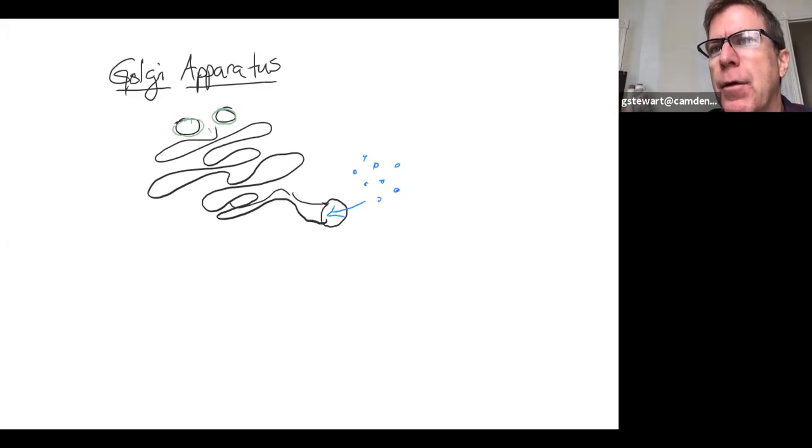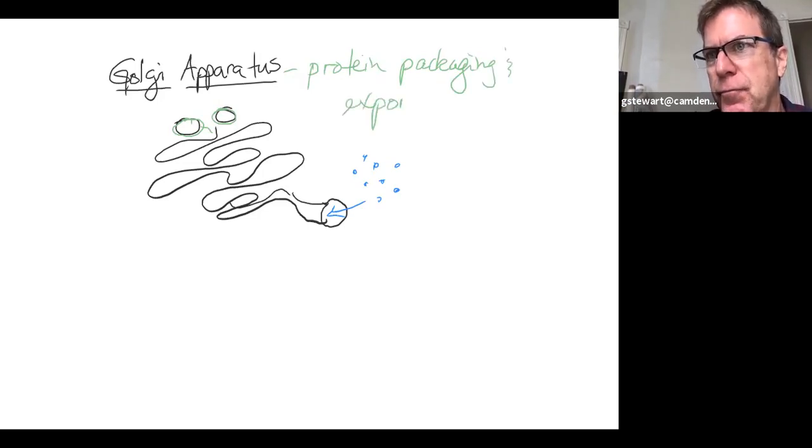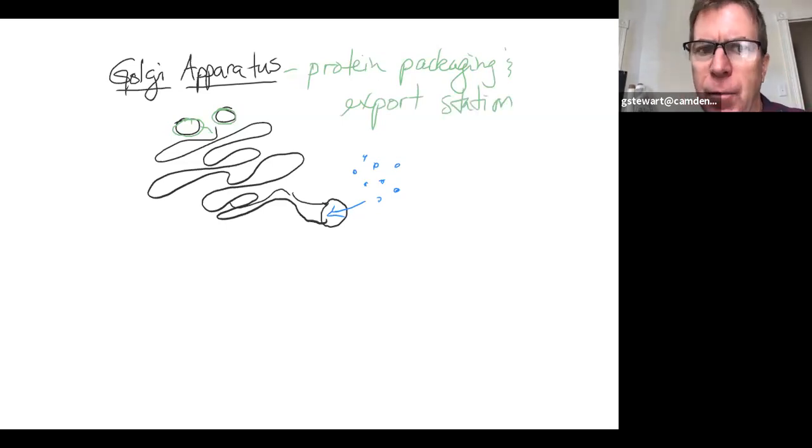So it's sort of like a protein packaging and export station. Not all proteins stay in the same cell in which they were manufactured, which they were synthesized. Sometimes they get exported to somewhere else in the body.